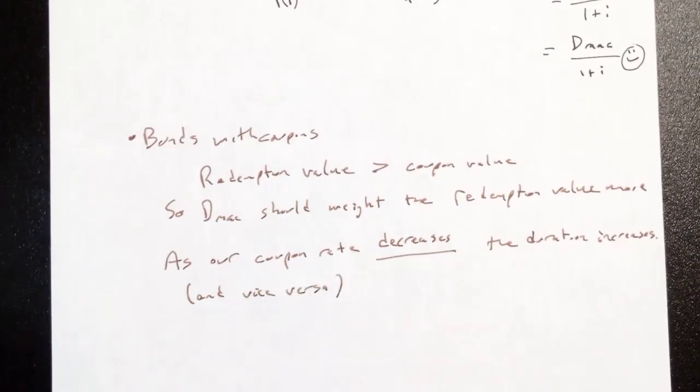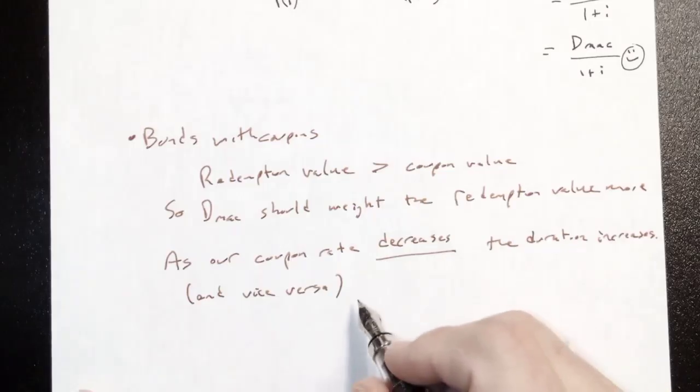So if I have an increase in coupon rate, I should expect the net duration to decrease because the weighted average will come closer to time 0, further away from redemption. This also goes with the idea of having more or fewer coupons.